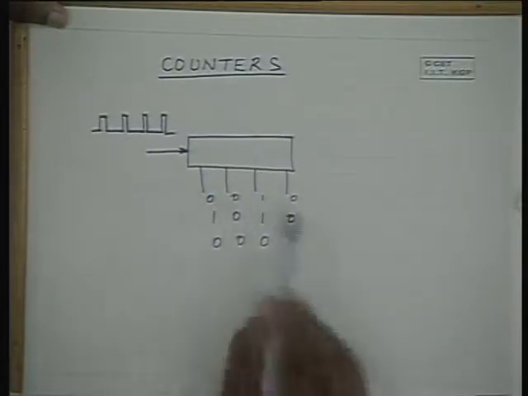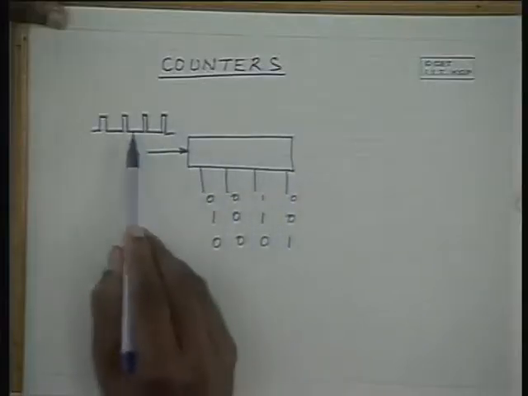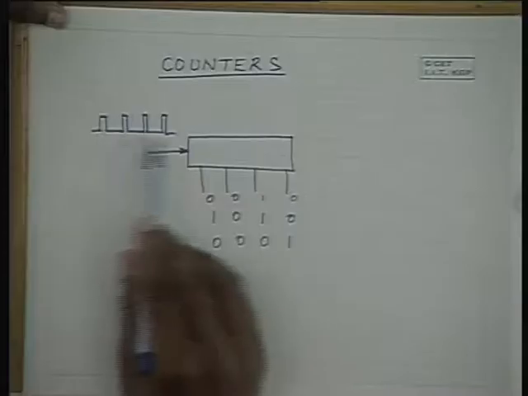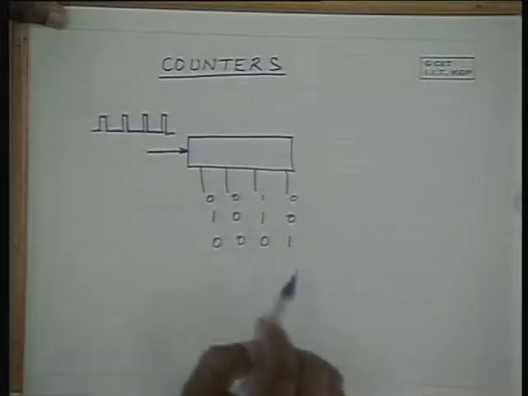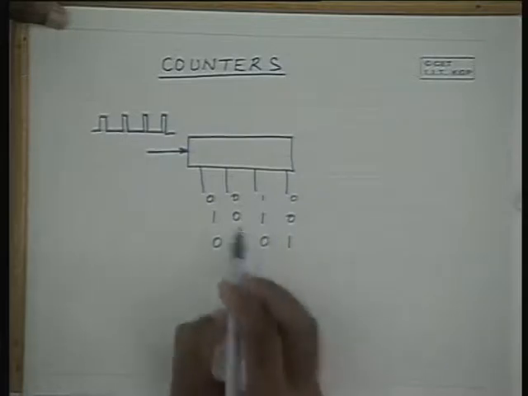This type of counter is known as a binary counter. There are other types of counters which can count in a required fashion. If you want, for the first 2 pulses, 1 and 2 respectively, and for the 3rd pulse, if you want 5 to be the output, you can make the counter behave like that. Whereas in the binary counter, it counts the number of pulses and gives the binary output corresponding to that.